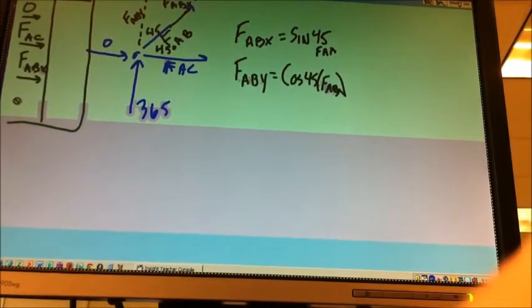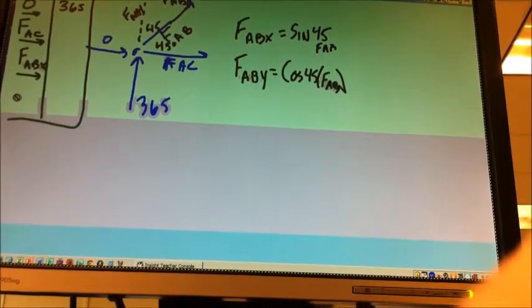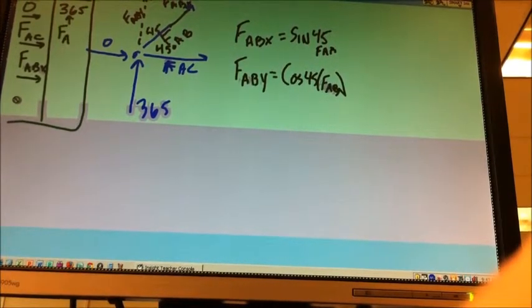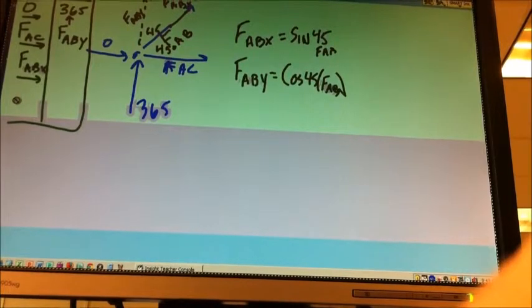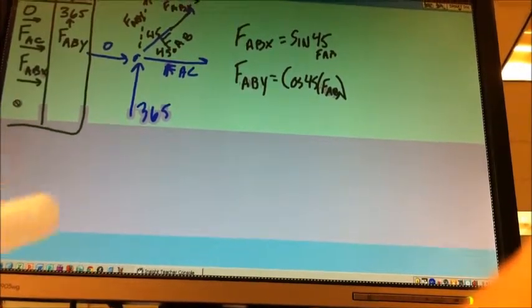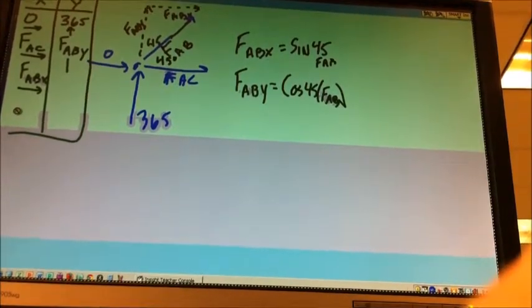For the y direction, we've got 365 going up, and we've got FABY. The reason why it's going up is that we start at this point and go up.